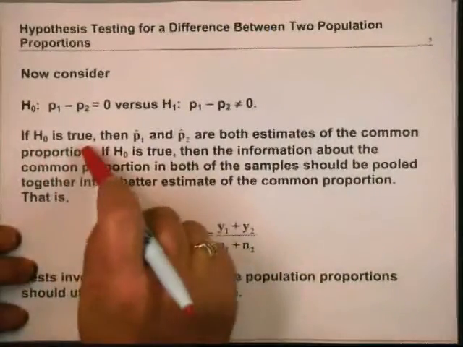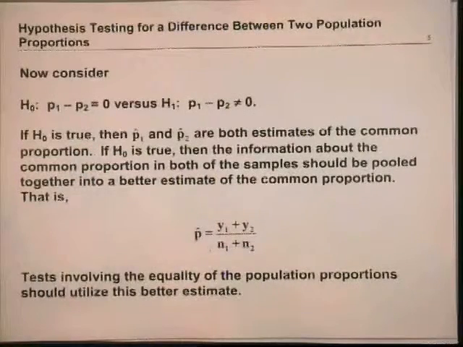So here, if H naught is true, our two estimators P1 hat and P2 hat are both estimating the same thing, right? So it would make sense then, if H naught is true, to put the information from those two samples together into one better estimator. Just like we did with the variances. If the variances are equal, let's put that information together, come up with a better estimate. So that's what we're doing here.